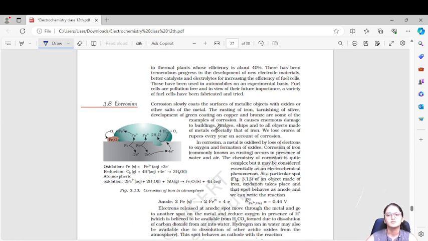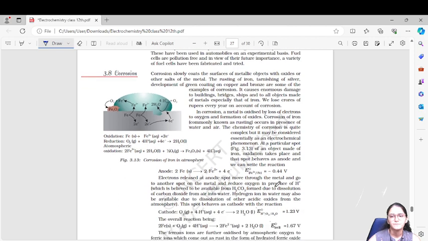So these are all examples of oxidation or corrosion. What are the damages caused by corrosion? It causes enormous damage to buildings, bridges, ships, and all objects made of metals.